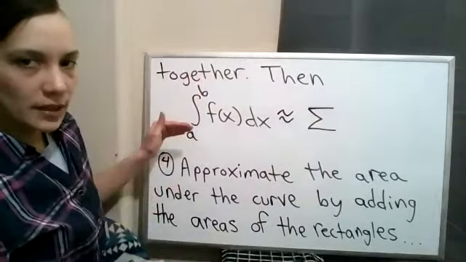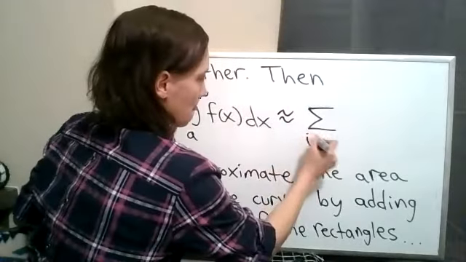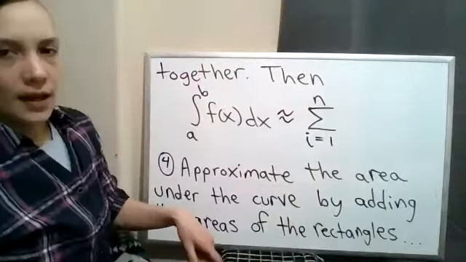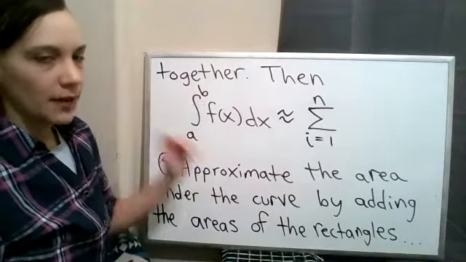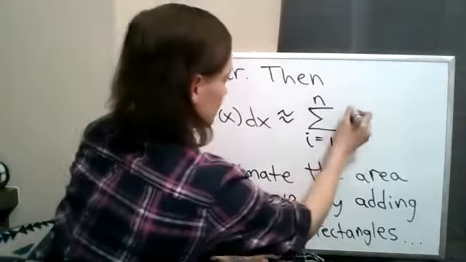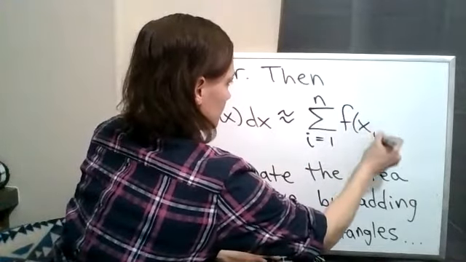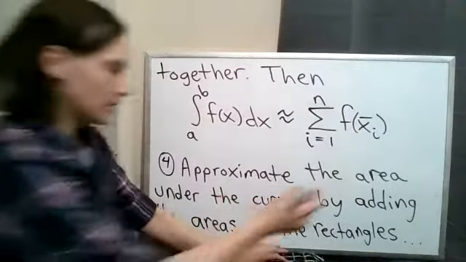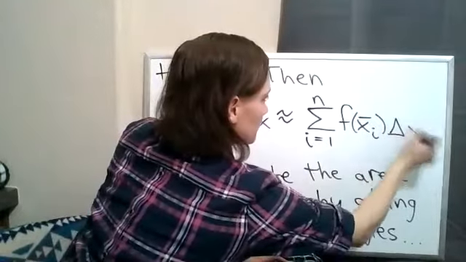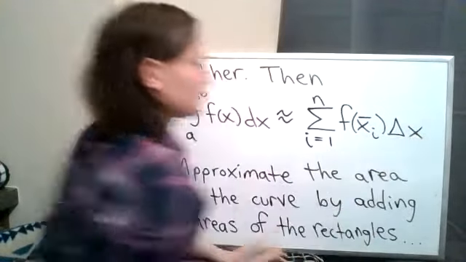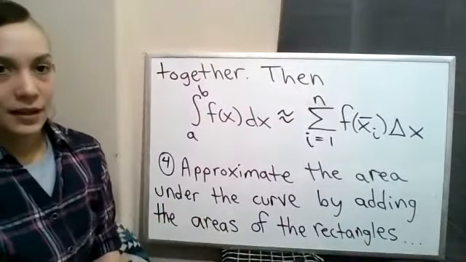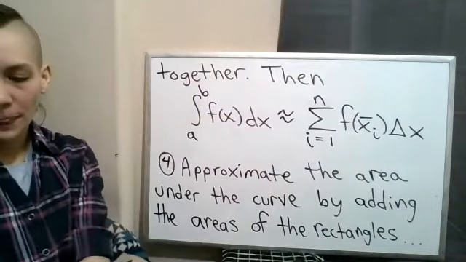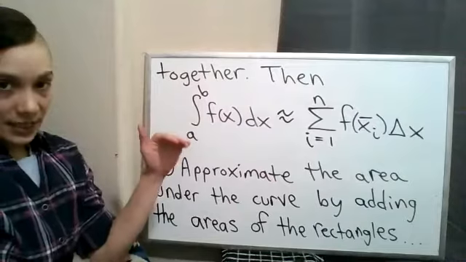From i equals 1 to n, of the height of the rectangle, f of x sub i bar, times the width of the rectangle, delta x. Okay, that's it for the steps.